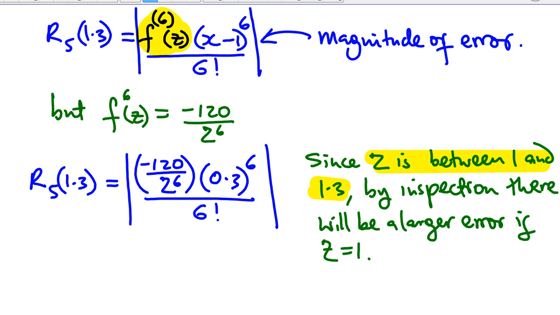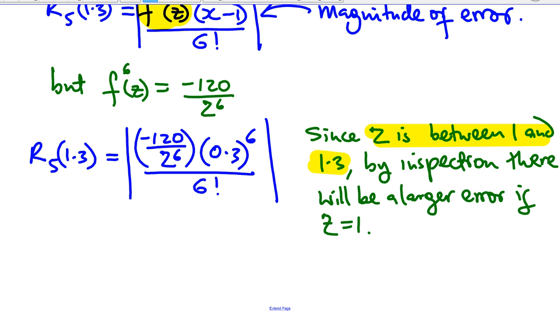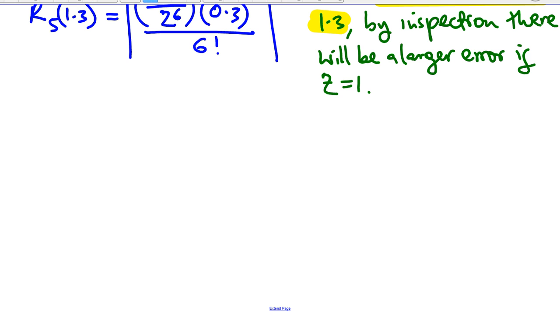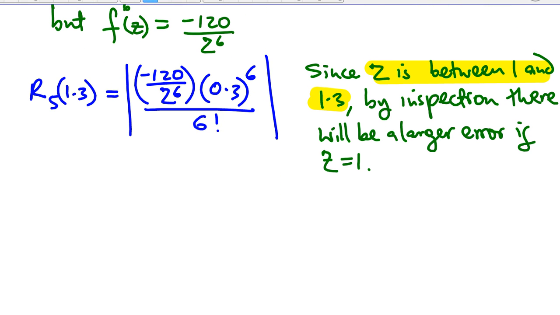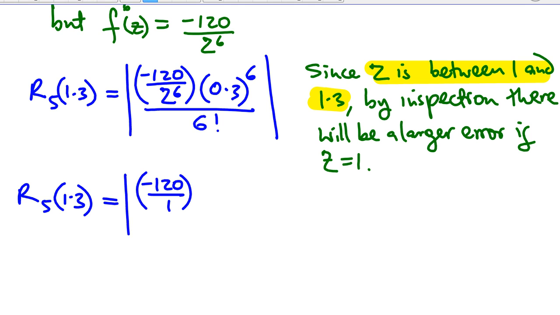So we are going to use z equal to 1, which means the magnitude of error in this case will be negative 120 over 1, or just negative 120, multiplied by 0.3 to the power 6 over 6 factorial.